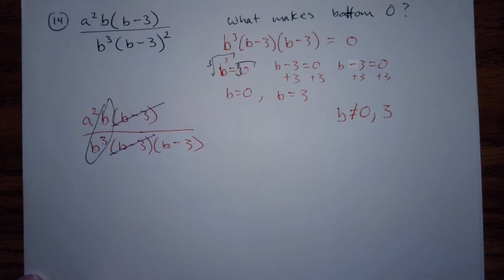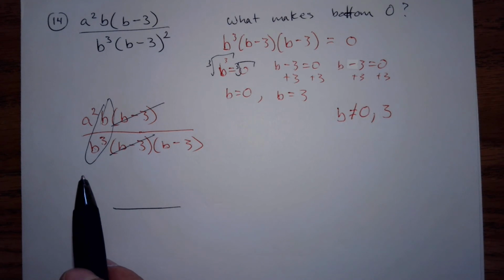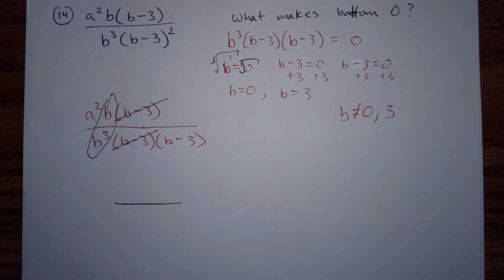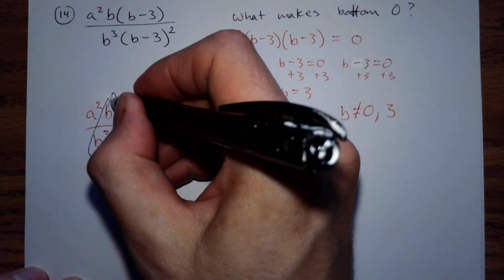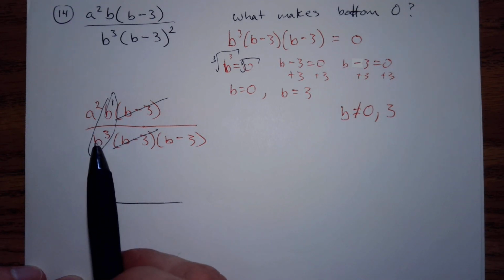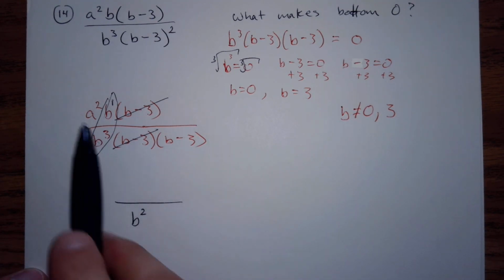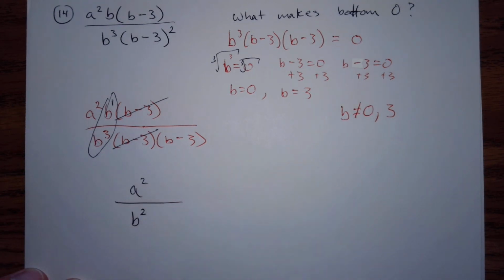And then also deal with b divided by b cubed. If you're dividing variables, you subtract the exponents. This has an exponent of 1, so 3 minus 1 is 2, and the larger exponent is on the bottom, so b squared will be on the bottom, a squared will be on the top, b minus 3 will be on the bottom, and that's it.